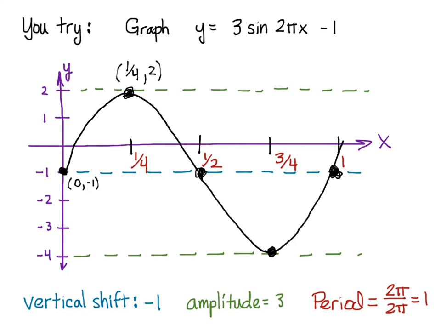This one here is 1/2, -1. This one is 3/4, -4. And then this point is 1, -1.